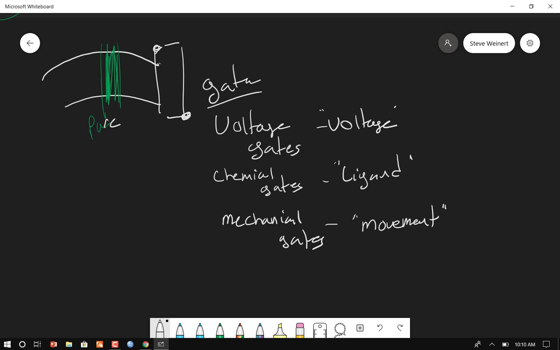Do you think that's voltage, ligand, or movement? Say it louder. Movement. So what you're doing is you have types of receptors in your fingertips, we'll learn about these later in the semester, called Pacinian corpuscles, that all they do is measure movement.